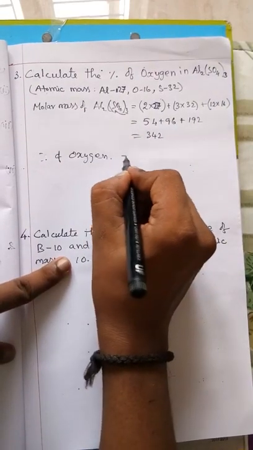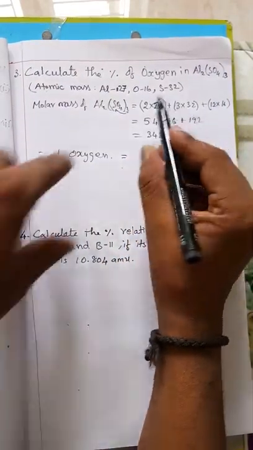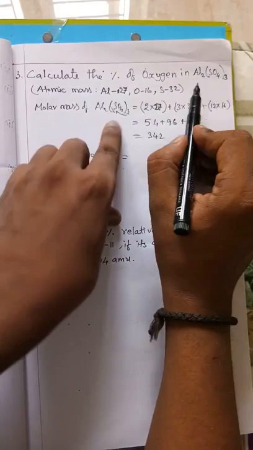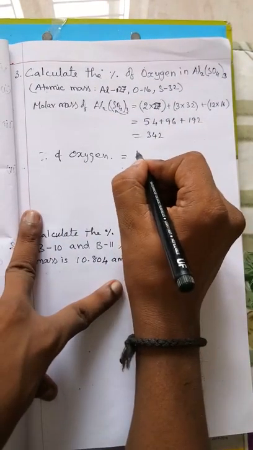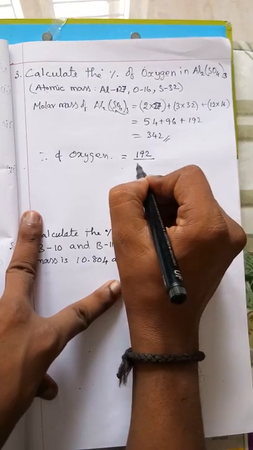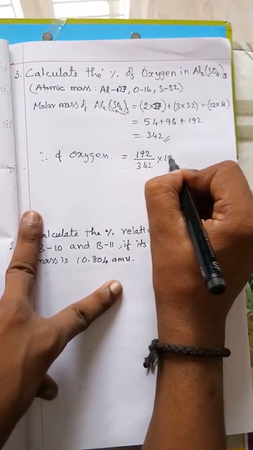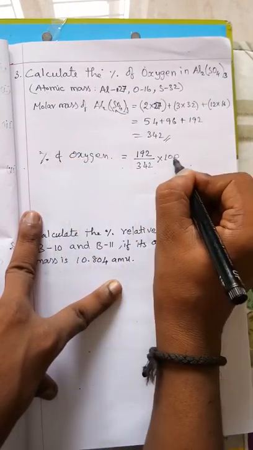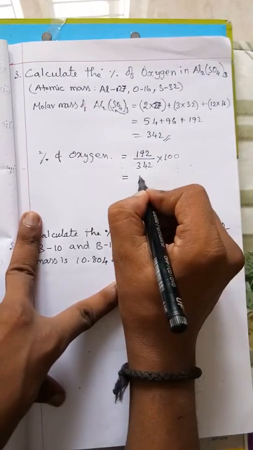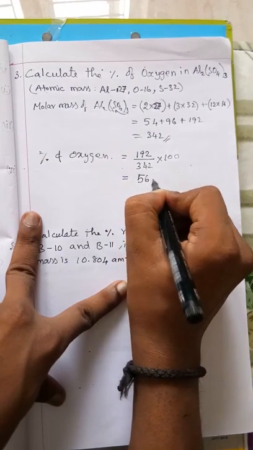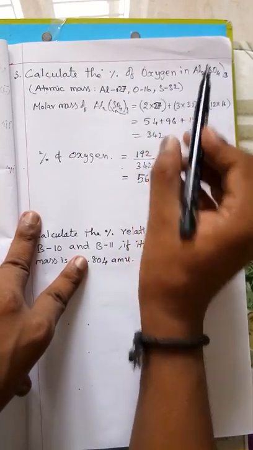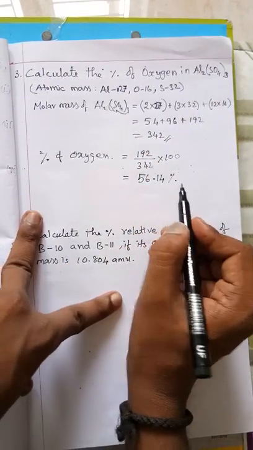What is the oxygen value here? 192, because each oxygen mass is 16 and there are 12 oxygen, so totally 192. 192 divided by total value 342, into 100 percent. Percentage means into 100, so you multiply. Now if we cancel the values, it becomes 56.14%. So the oxygen percentage in aluminum sulfate is 56.14%.